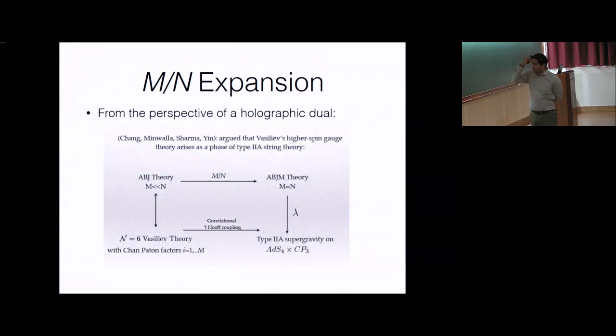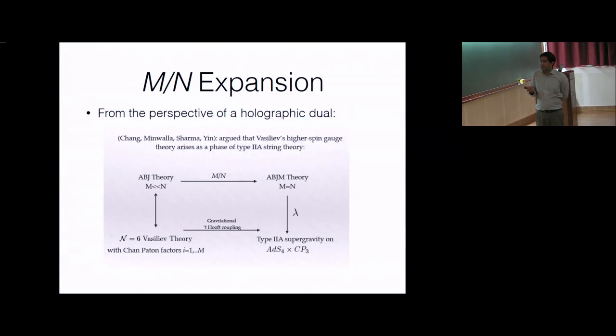Okay, so this is the connection between vector models and matrix models. And just to summarize it in a picture, which can only be made really precise in a particular supersymmetric case of ABJ to ABJM, on one hand you have these two field theories which are related by a simple parameter M over N, and in the dual picture we have a higher spin gauge theory, except with Chan-Paton factors on each of the fields, i equals 1 to M. And in this picture, since 1 over N is the gravitational interaction, M over N is like a gravitational 't Hooft coupling.